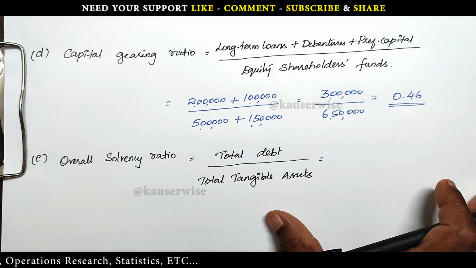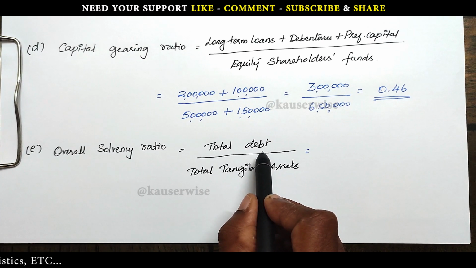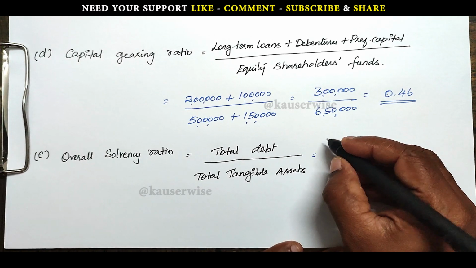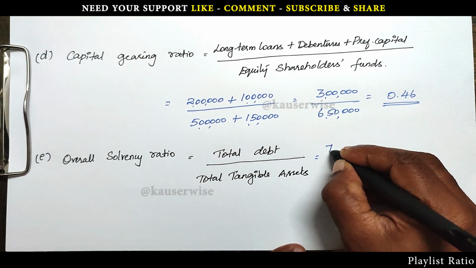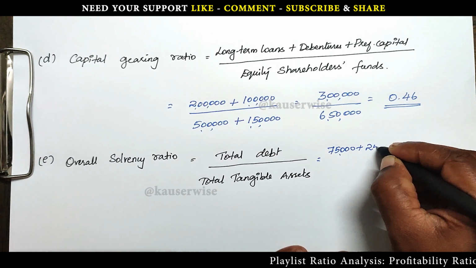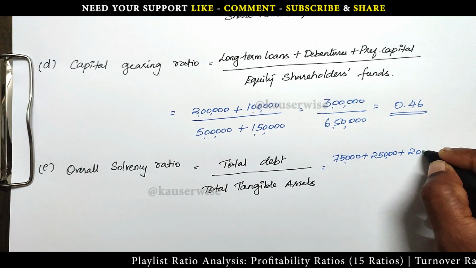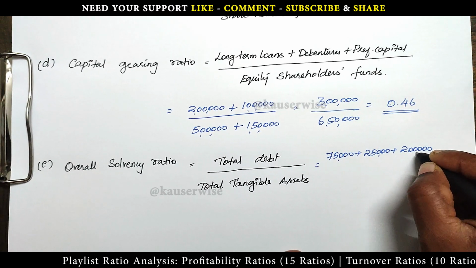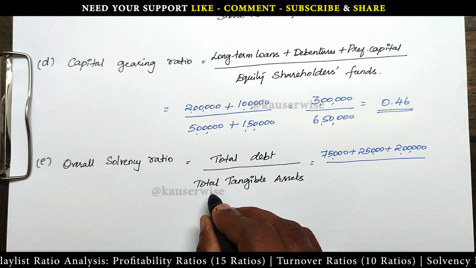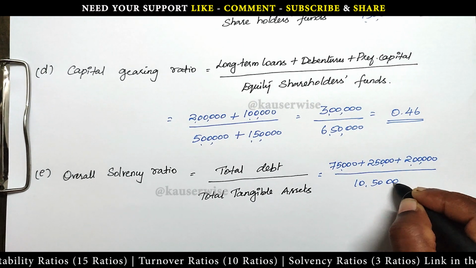Now see the solution. Total debts, that is short term debt plus long term debt. Short term debts are creditors 75,000 plus bank OD 25,000 plus debentures 2 lakh, divided by total tangible assets, how much? 10 lakh 50,000.